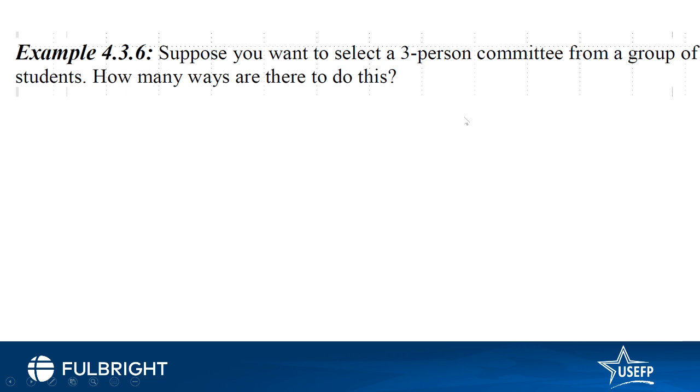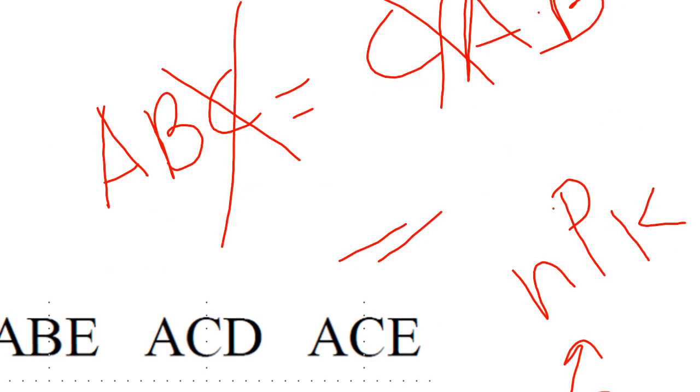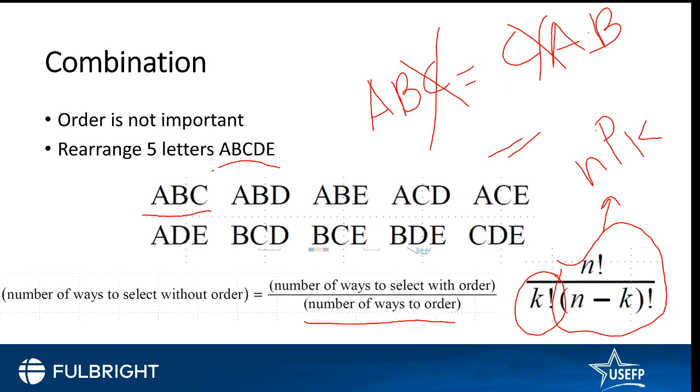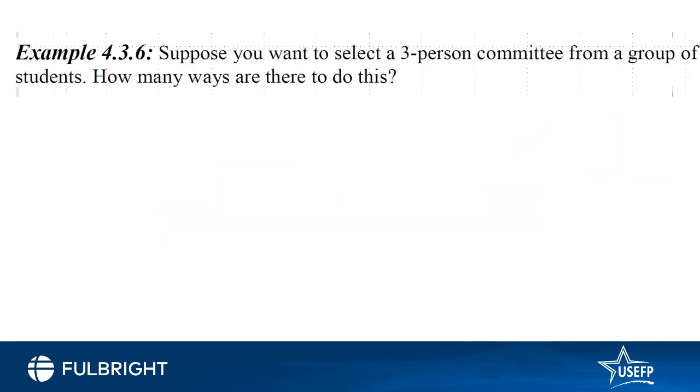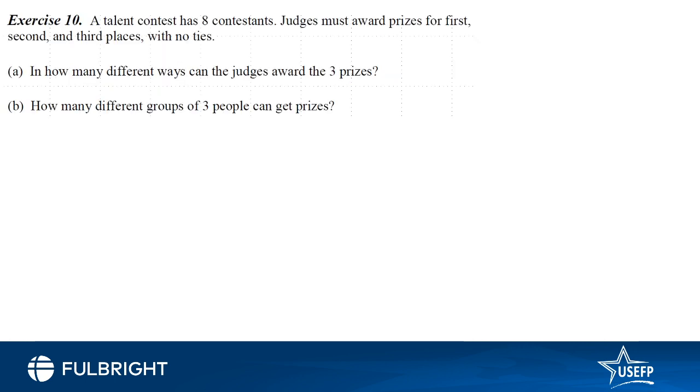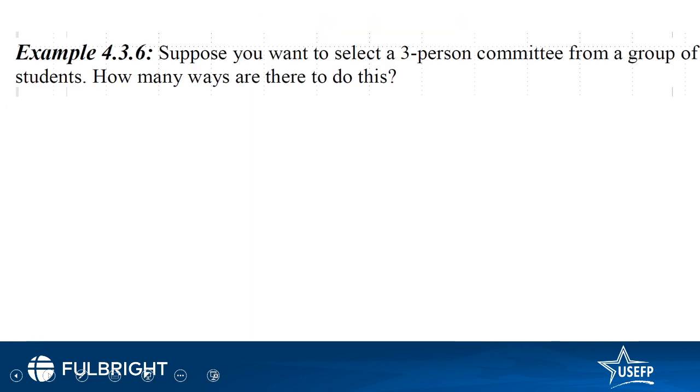So you have to form a 3-person committee from a group of 8 students. Sorry, the number of students is missing. There are 8 students, and we need to select a group of 3 students.